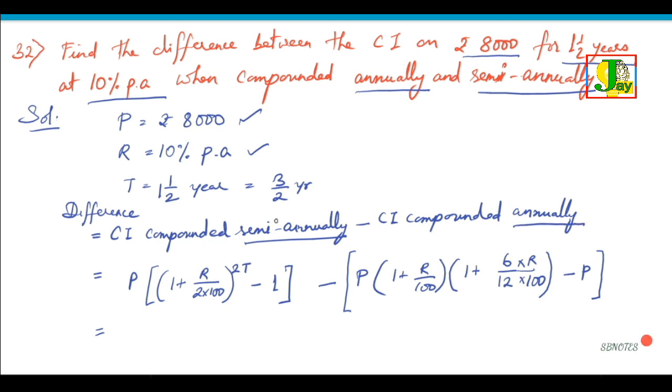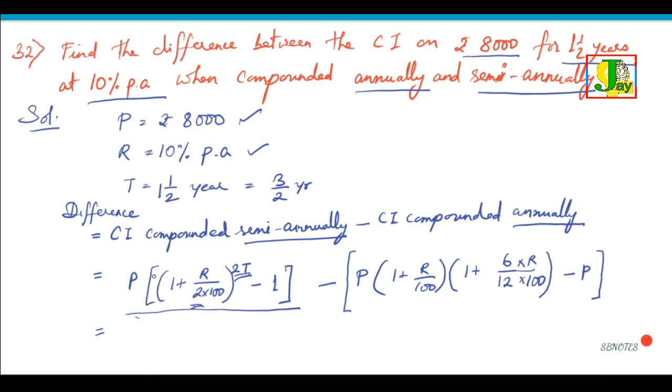So in semi-annually, the rate becomes R by 2, and time is 2t, and rest you can easily find out, 2 times means 3. Okay, so this is the formula for compound interest compounded semi-annually.